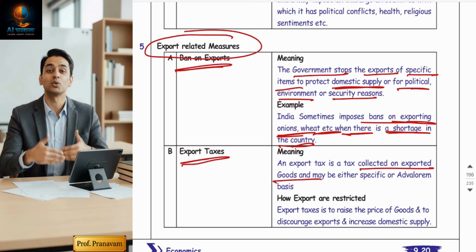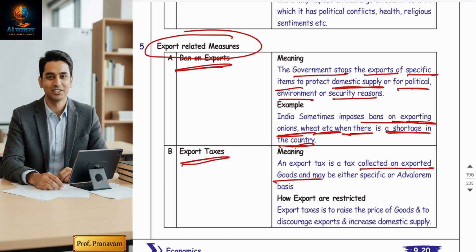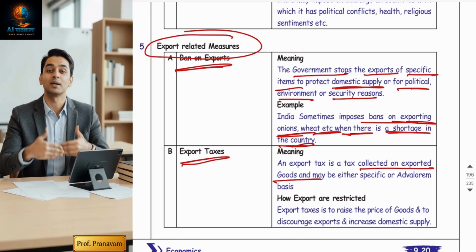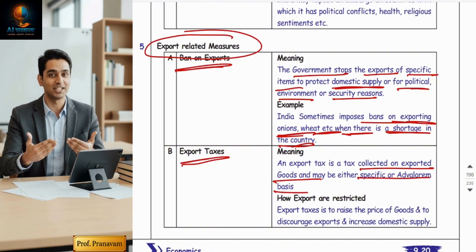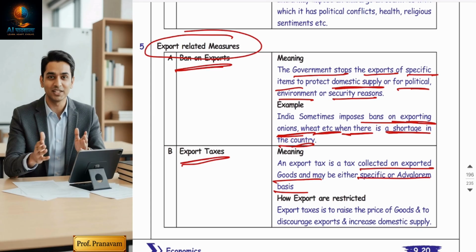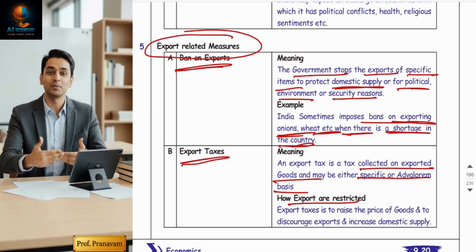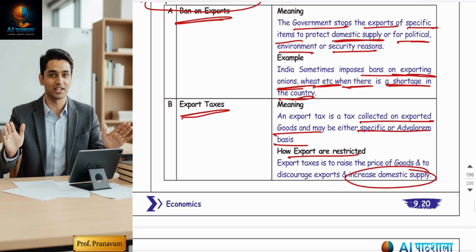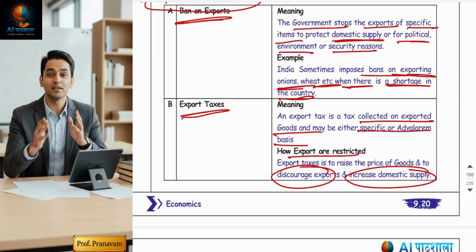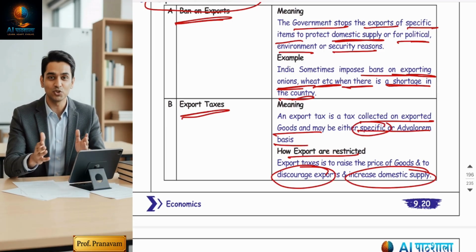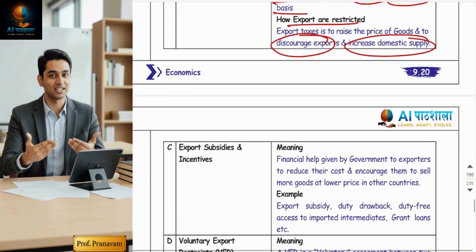When government imposes taxes on exporting goods, those goods become costlier in the foreign country and the demand in the foreign market will fall. So export will get restricted, to discourage export and increase domestic availability. Simple. This will increase the domestic supply and discourage exports. So it's like a tariff measure; on ad valorem basis or specific basis, tax will be imposed.